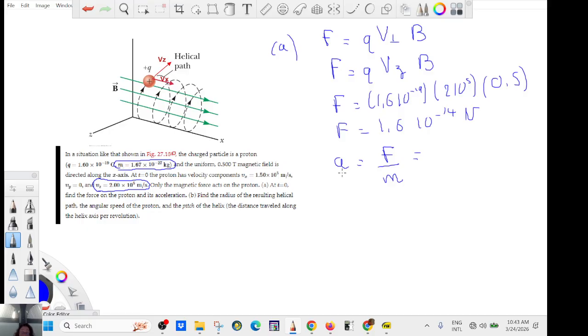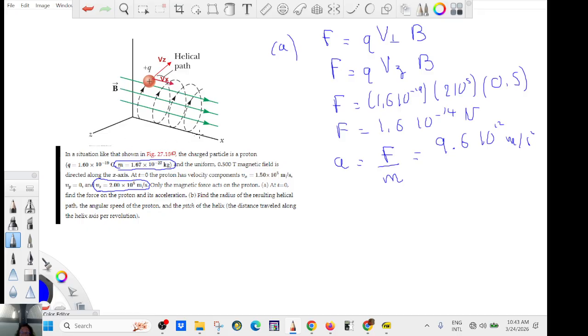That gives times 10 to the 12 meters per second squared. Don't think it makes it go faster or slower. It's just centripetal acceleration, so it's changing the direction.